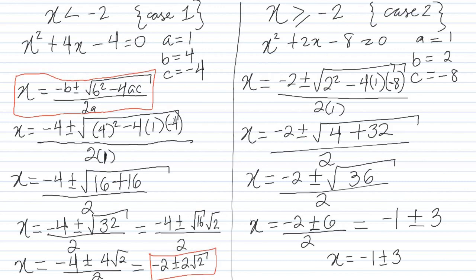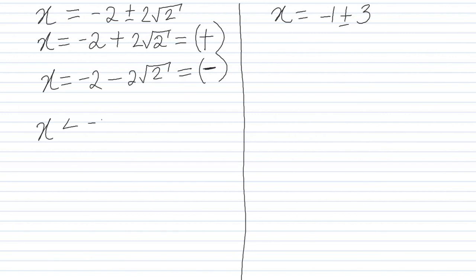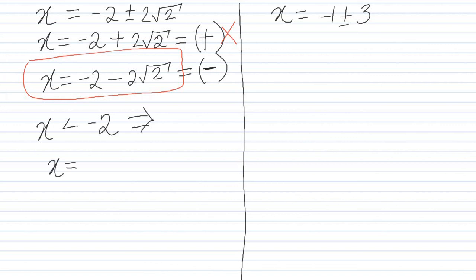Case 1 is x has to be less than negative 2. You have to pick which value of x. The first one, if it's a positive number, it cannot be less than negative 2, so not this one. Our value for x in this question is x equals negative 2 minus 2 root 2. So that's the answer.